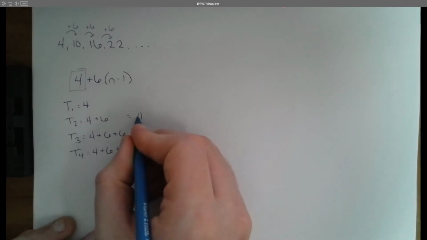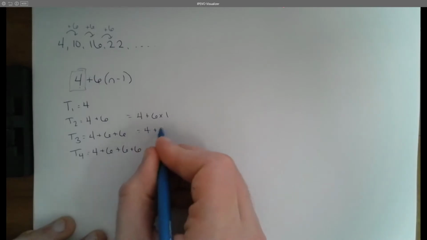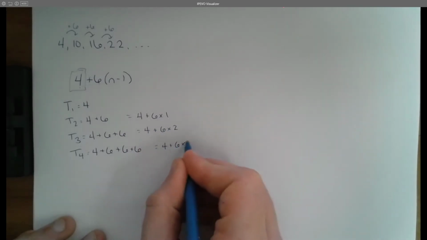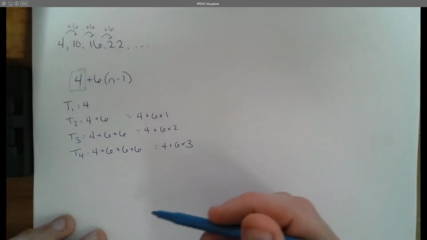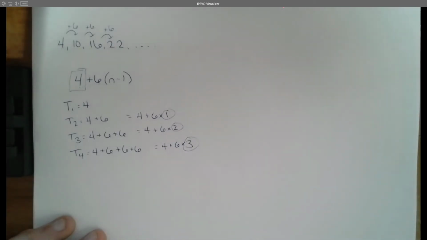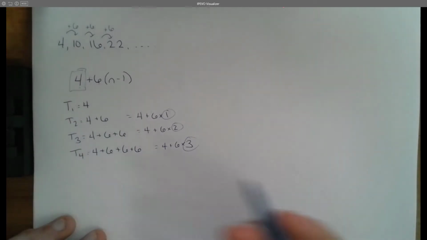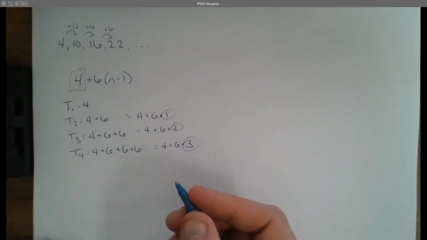We could also say this is the same as 4 plus 6 times 1, 4 plus 6 times 2, 4 plus 6 times 3. Hopefully we're beginning to see that the only real thing that's changing is this multiplication value. It's increasing by 1, but it's 1 off from the term number that we're at. So that's another way that you could take a look at that to create the general term.